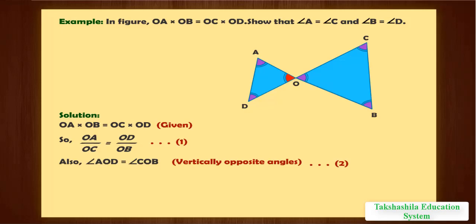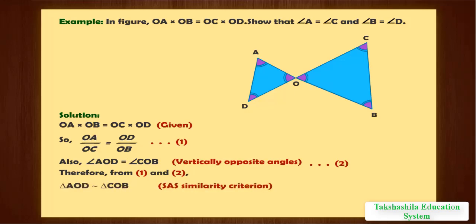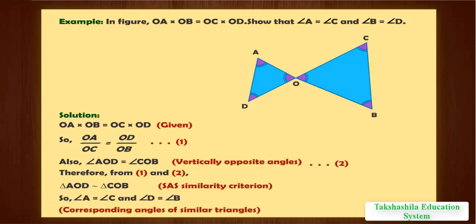Also, angle AOD is equal to angle COB as they are vertically opposite angles. This is equation 2. Therefore, from equations 1 and 2, triangle AOD is similar to triangle COB by the SAS similarity criterion. So, angle A is equal to angle C and angle D is equal to angle B as corresponding angles of similar triangles are equal.